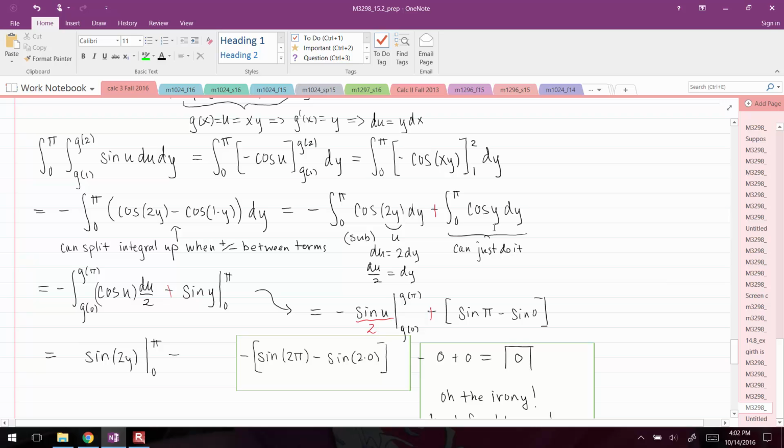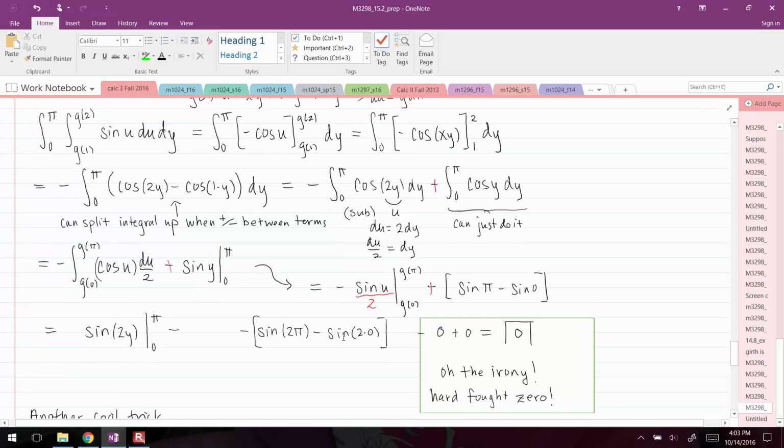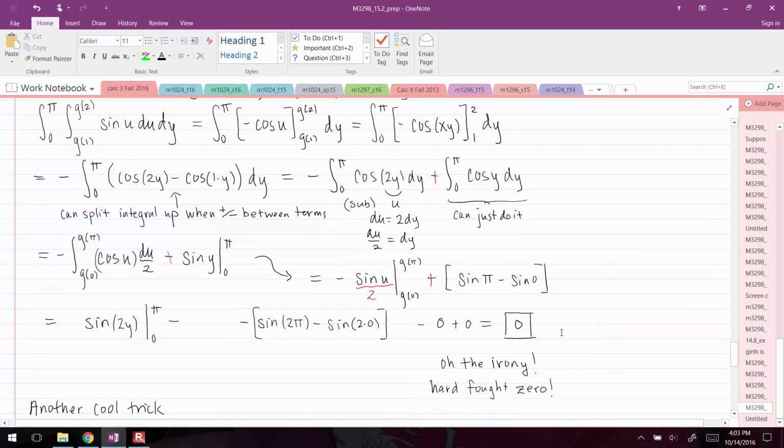Now going all the way back to this integral of cosine y with respect to y, that's just going to be sine y for its integral, no substitution needed. Then we plug in here as well. What happened?